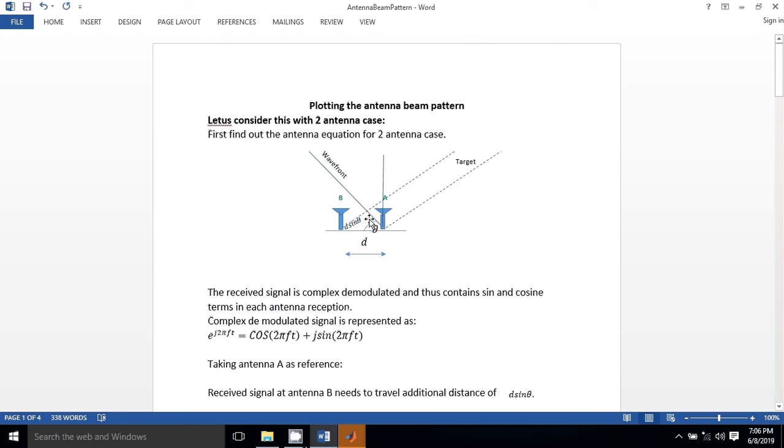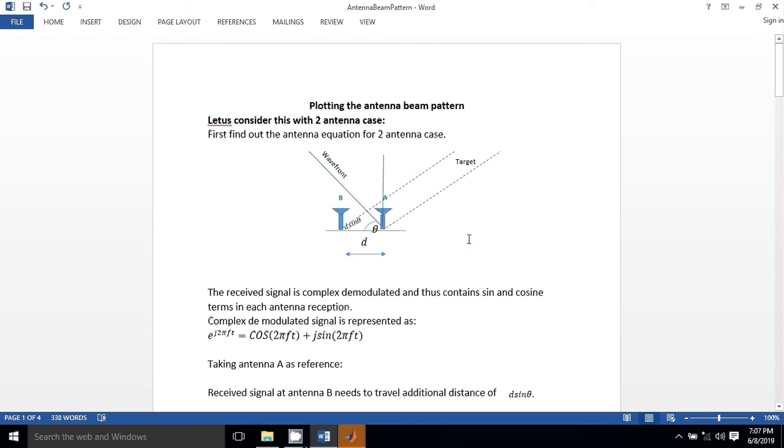If the signal reception direction is this, the wavefront angle will be 0. The wavefront will be totally horizontal and this theta will be 0. I will repeat, if the wave is coming in this direction, the wavefront will have a 0 degree angle, or theta will be 0 degrees.